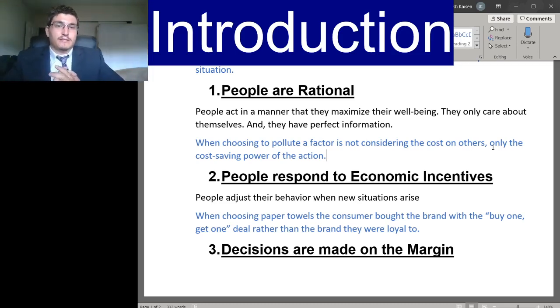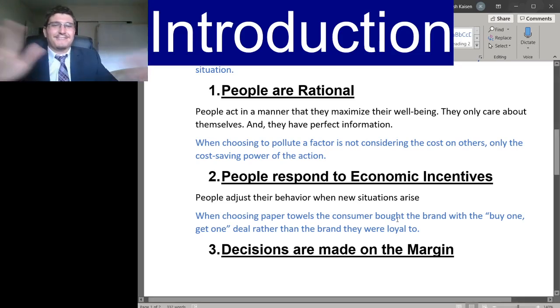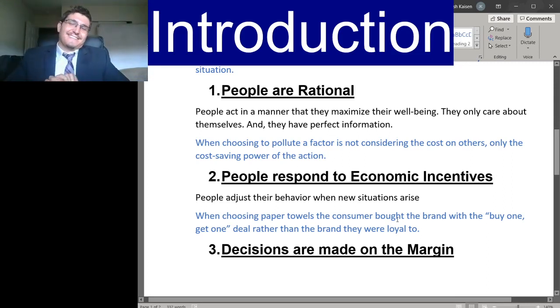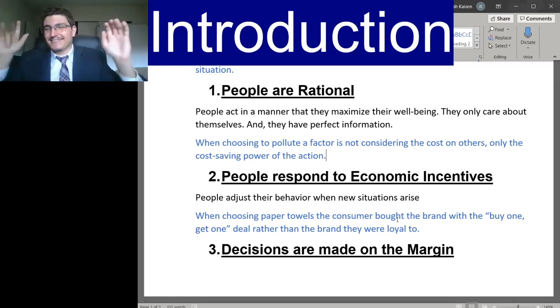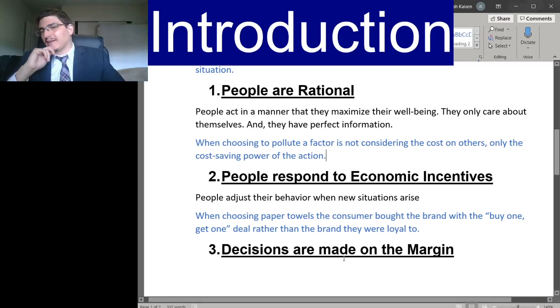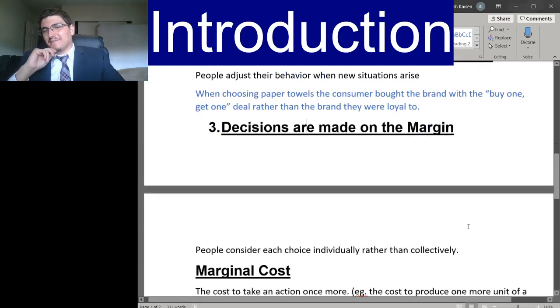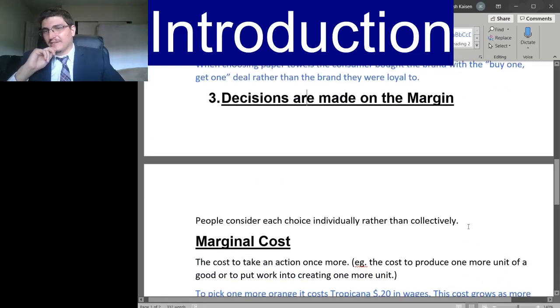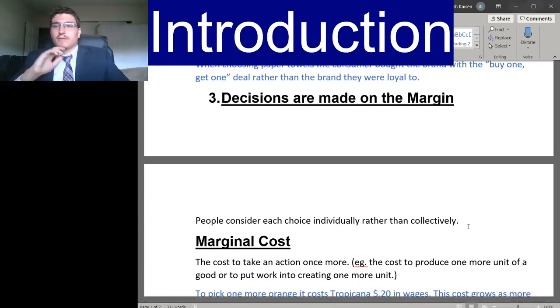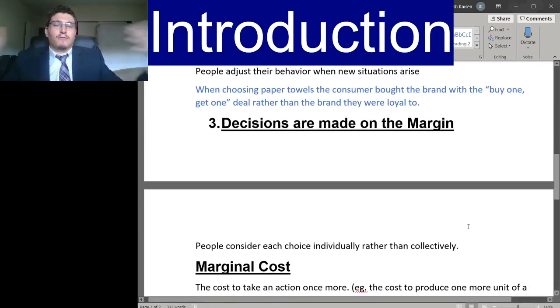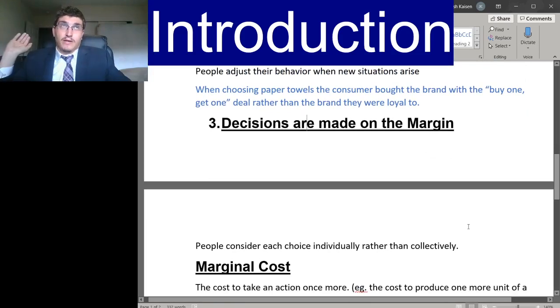We're going to try to get a basic understanding of it, but it's limited in terms of how we can teach online. Anyways, decisions are made on the margin. That's our third assumption. People consider each choice individually rather than collectively. You don't consider what came before when you are choosing to produce the next unit of some good.